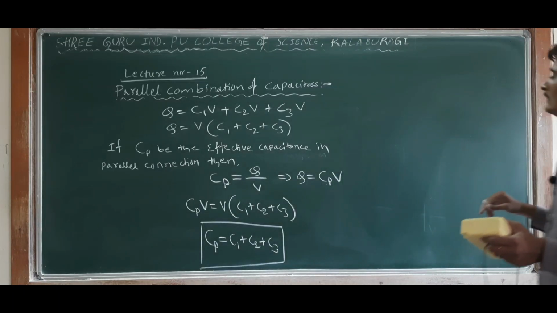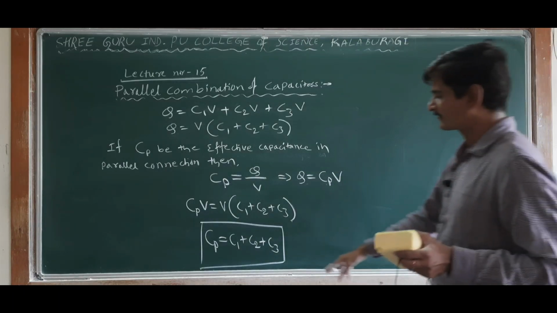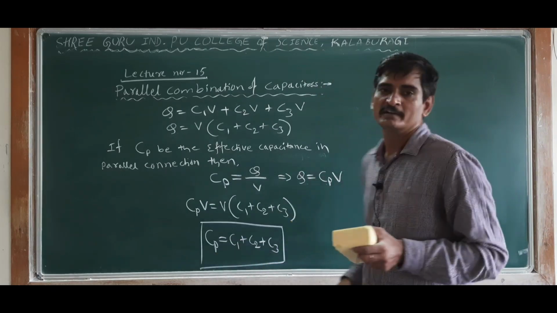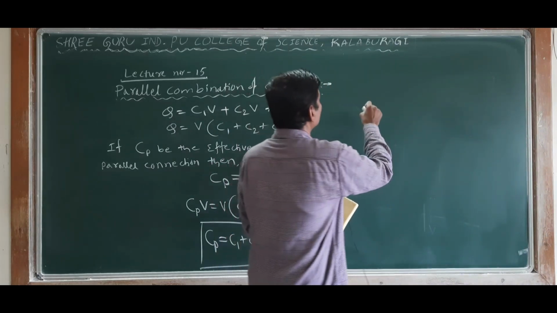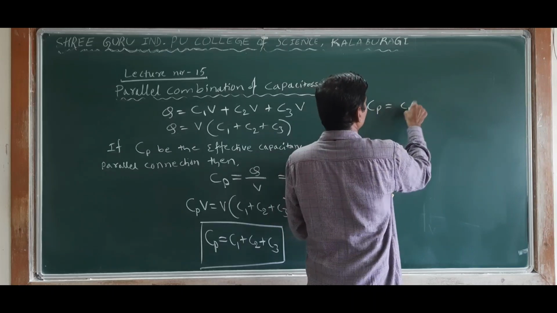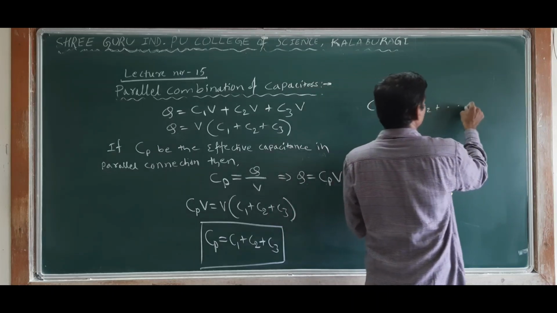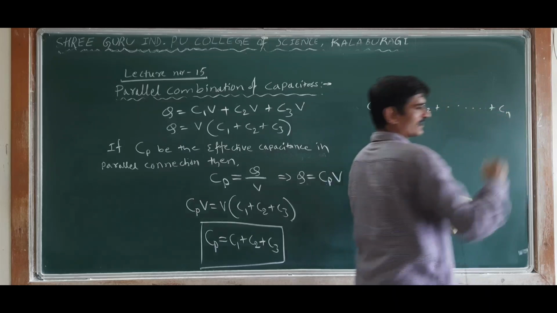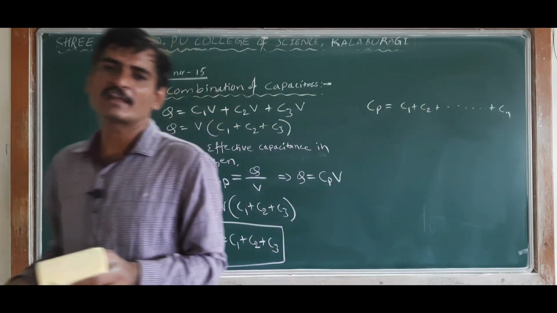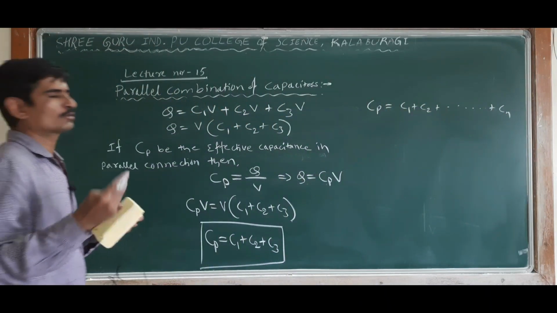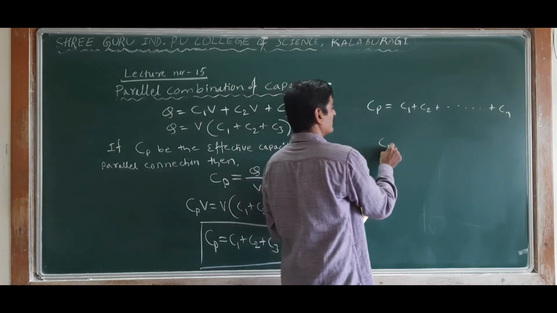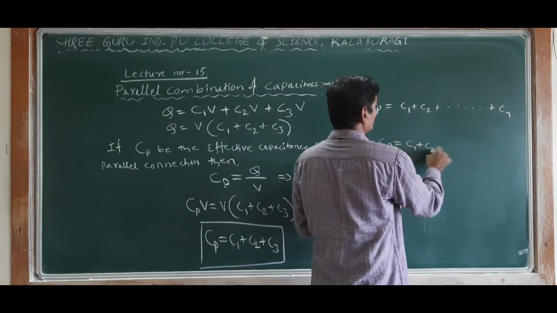Now, if there are n number of capacitors, then you can write CP is equal to C1 plus C2 plus dash dash plus Cn. Just simply you can write. If they ask only for two capacitors, CP is equal to C1 plus C2.